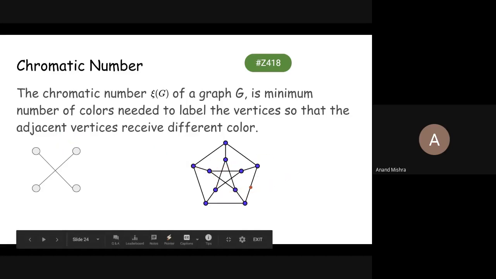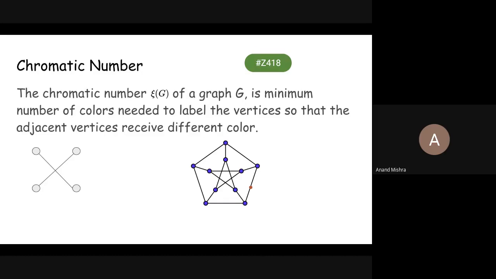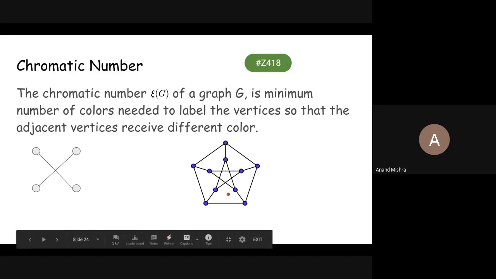Now this one, there's a good exercise. I'm leaving this for you, the 4. If you want to color, let's say this and this same, this same, this same.